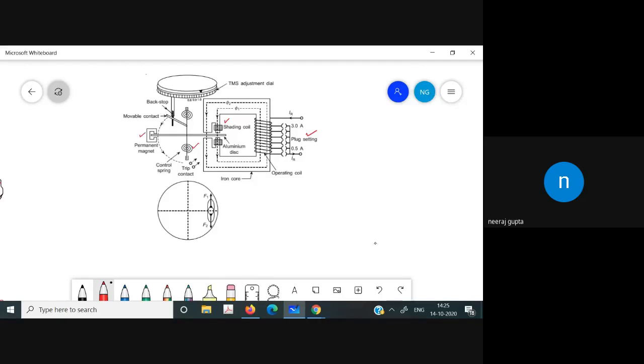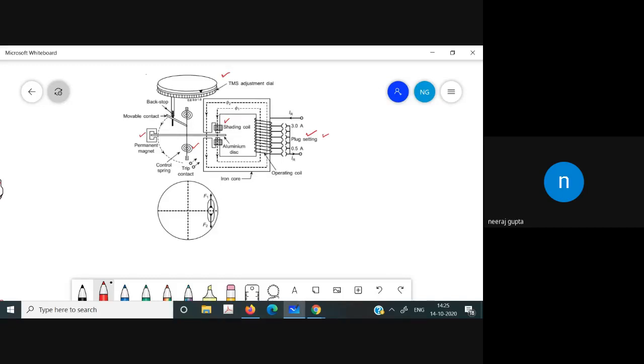This is the permanent magnet which is used for damping. This is the time setting multiplier. We rotate that, and whatever time is required, we can set by using that rotation. And this is the plug setting in this case.